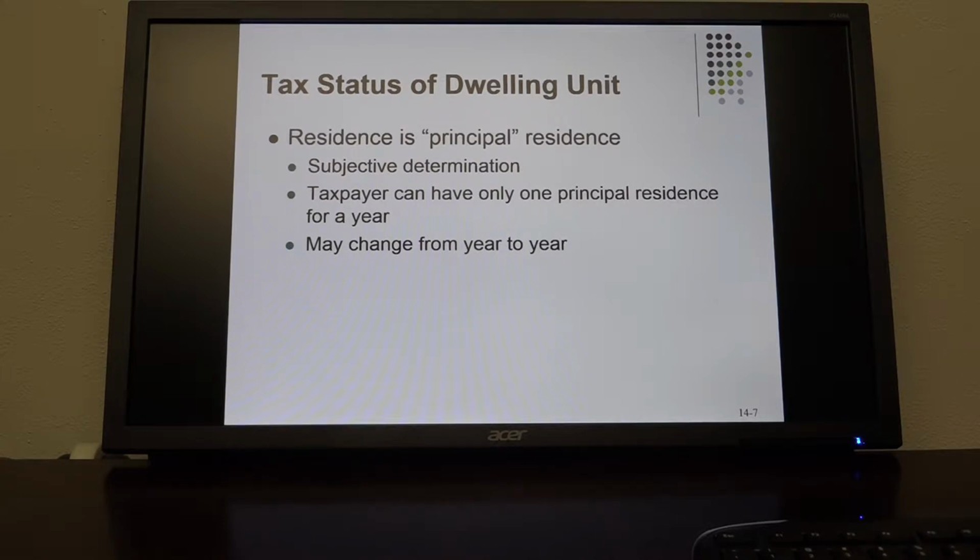The one that's closer is probably going to be the principal residence. Principal place of abode, where the taxpayer's immediate family stays. And the taxpayer's mailing address for bills and correspondence.